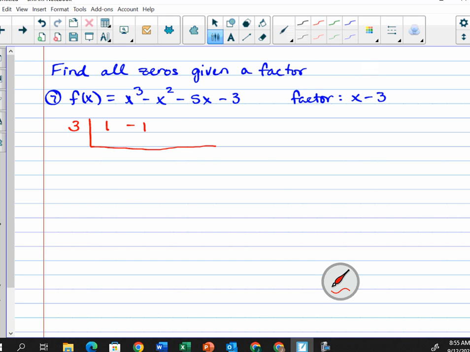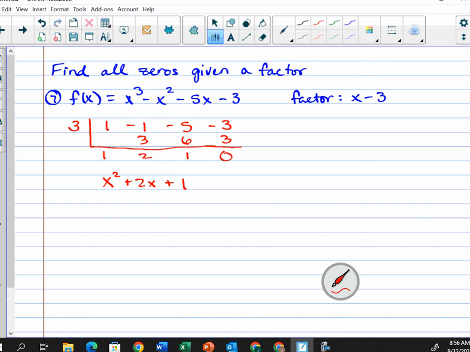We want to make sure we divide correctly and get a 0. Okay, so that means I'm left with x squared plus 2x plus 1.